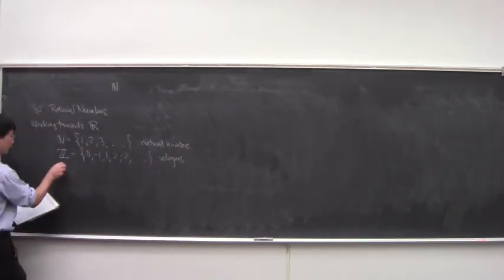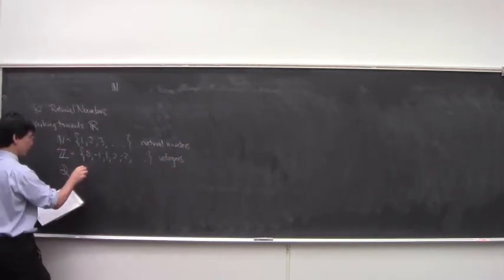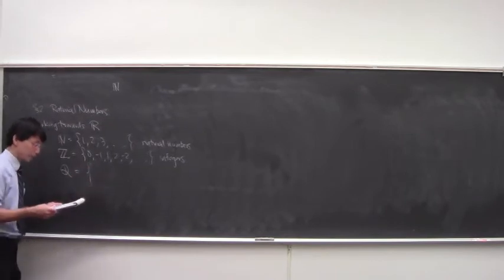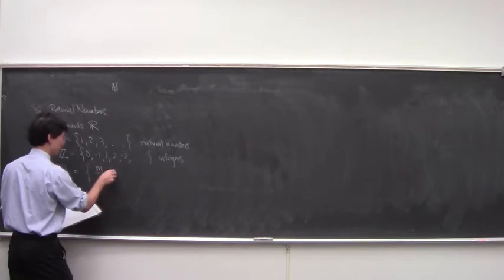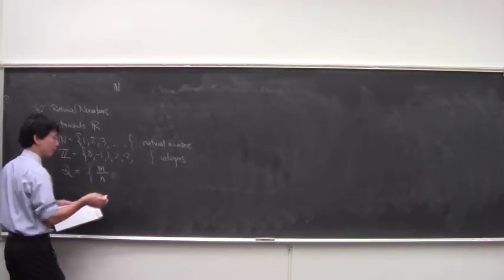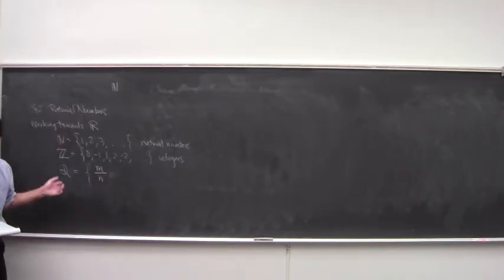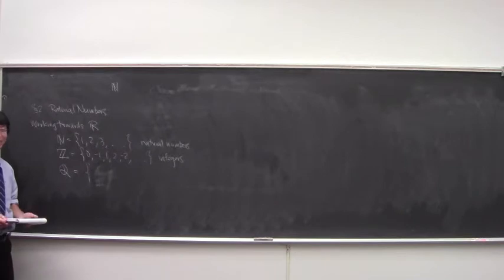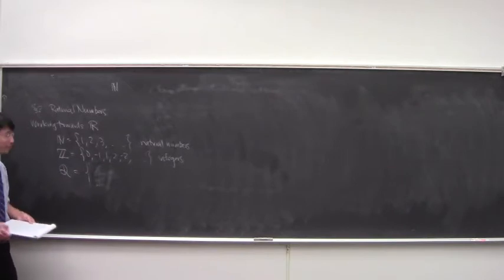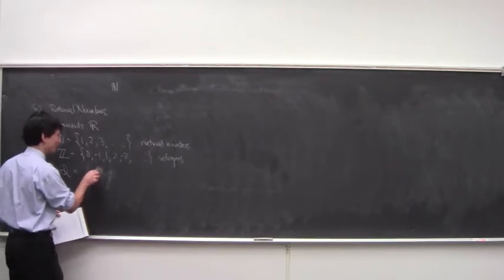Okay, and the rational numbers. We're going to be kind of sloppy about this, but what are the rational numbers? Somebody tell me. It could be written as m over n, where m and n are both integers, but n wouldn't be 0.